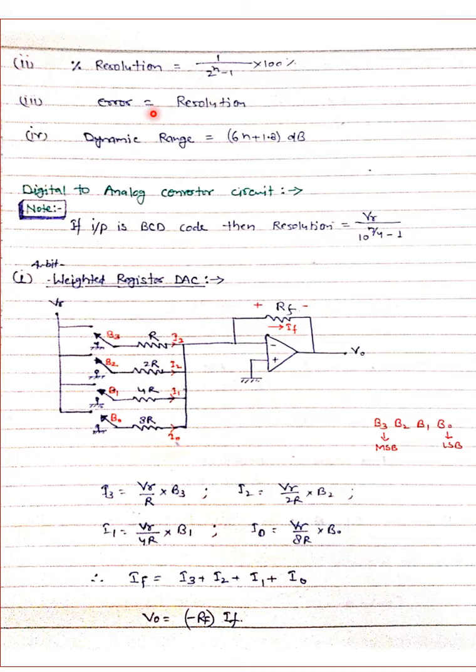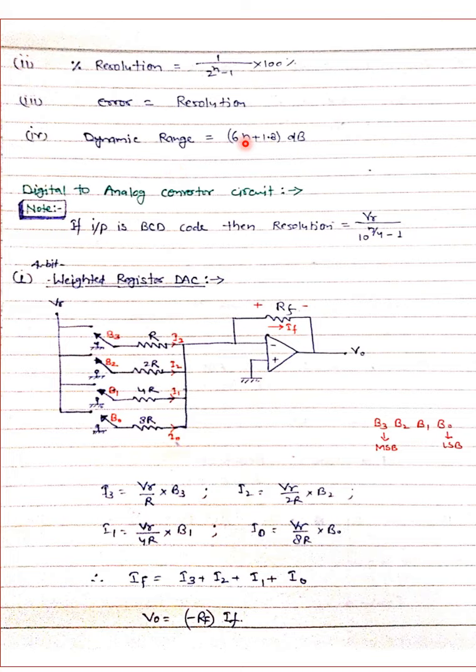Error is also the same for DAC and ADC, and the dynamic range is given by 6n plus 1.8 dB. You have to remember this formula. Sometimes they may ask in exam directly what will be the dynamic range for ADC or DAC with n bit. So you can write 6n plus 1.8 dB.